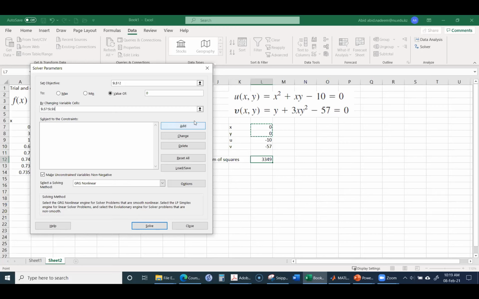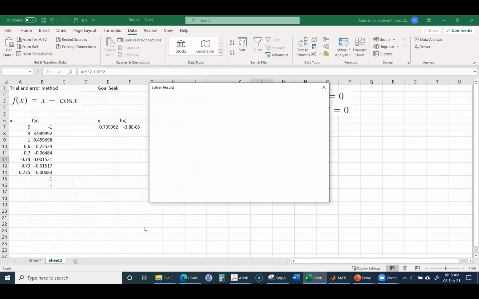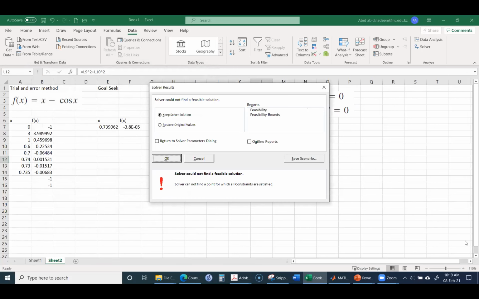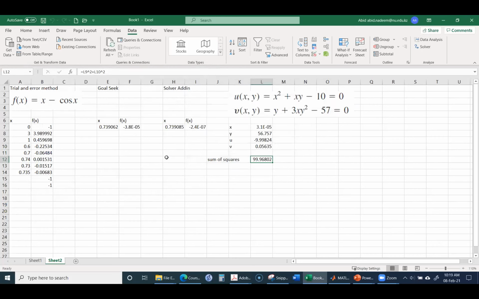Initially I have put the values of 0 and 0 over here, and now I will click Solve. But here I got an error: Solver could not find a feasible solution. Solver cannot find a point on which all constraints are satisfied. So in this case, Solver has failed to provide us the solution.